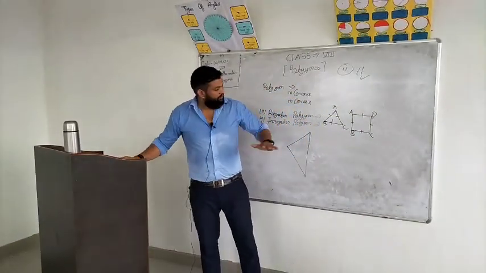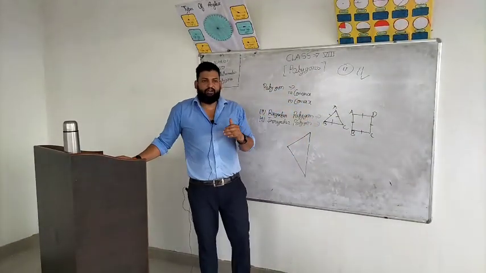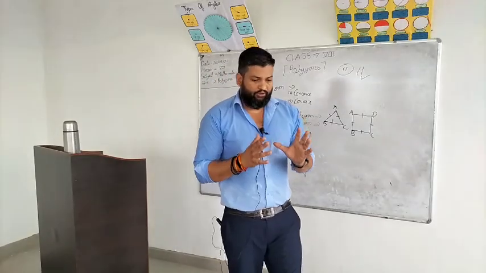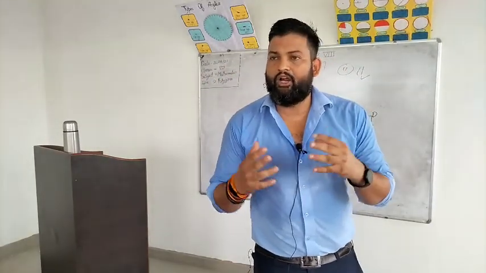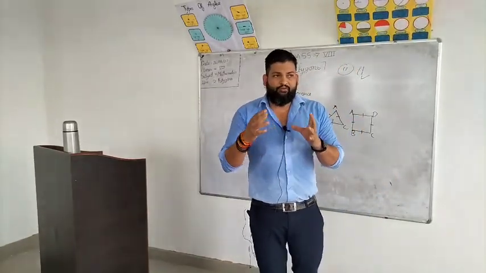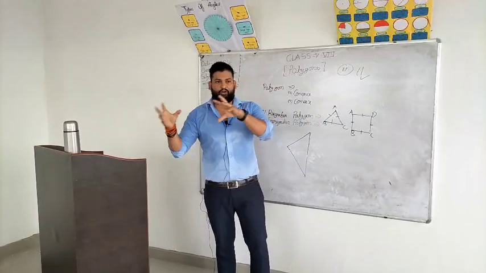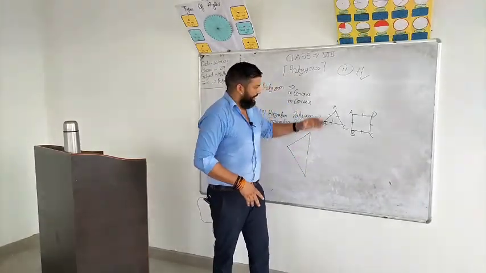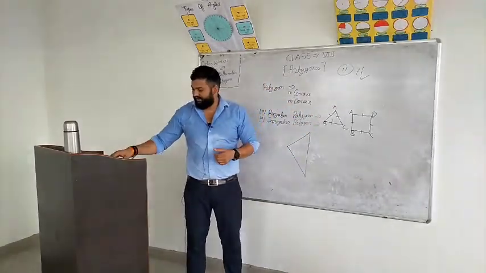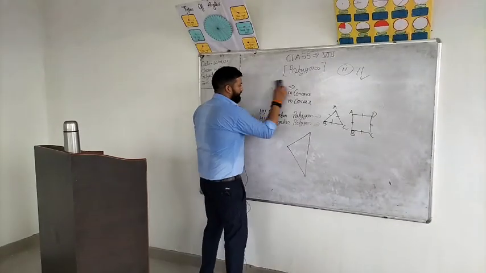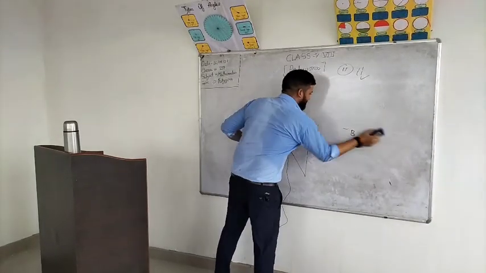These are the polygons. Now we have to find in which figure what is the number of diagonals. If any figure is given, let me erase this.